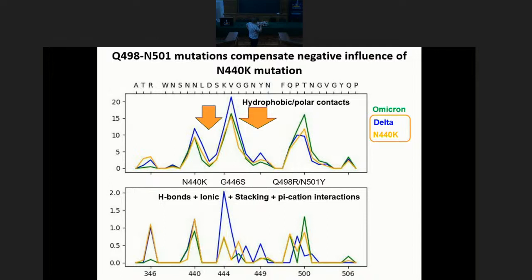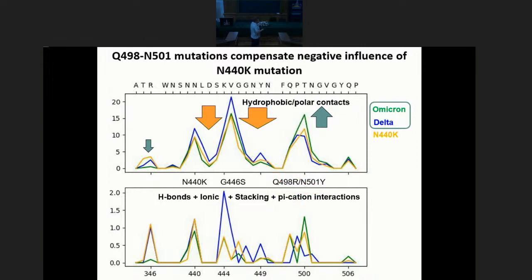But if we compare Omicron and Delta variants, they observed a similar decrease in contacts here, but some increase in contacts in the vicinity of the other two mutations.